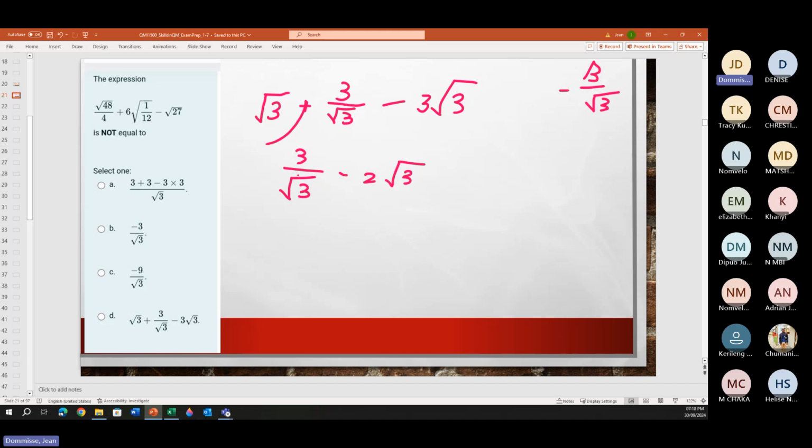Okay, so then what we do to get rid of the square root, or the 3 to the square root of 3, we will need to multiply across everything with that.